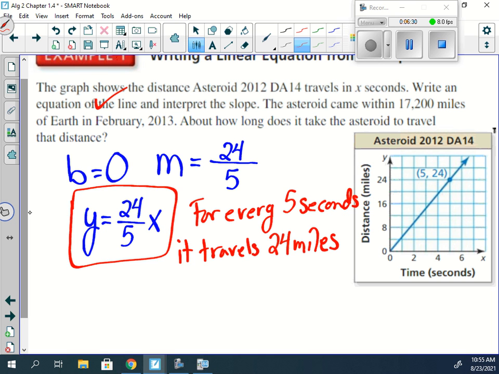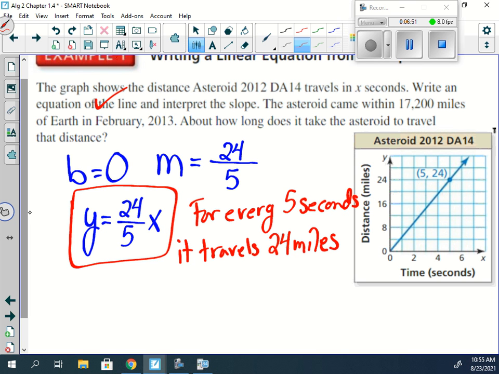Now, give or take, the distance between here and Siloam is about 24 miles. So that means if we traveled as fast as this asteroid, we could get between here and Siloam in 5 seconds. That's really fast.